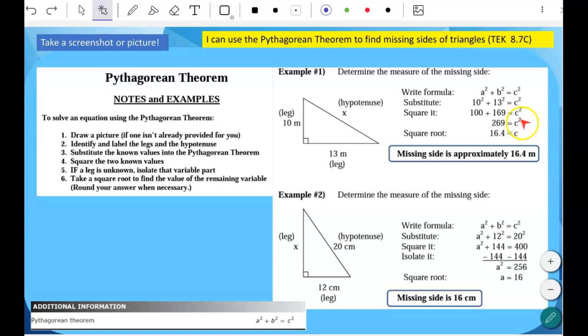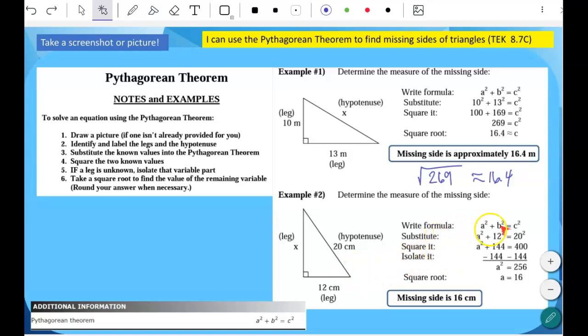Now c squared, to find what c is, you take the square root. They didn't mention that. So if you put into your calculator 269 and then do the square root sign, or just do the square root of 269, it's approximately 16.4. So again, it says c squared, to get c, it's the square root of that.